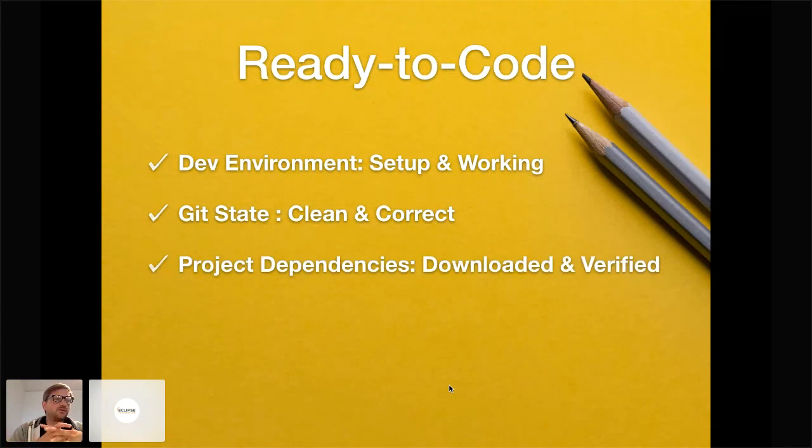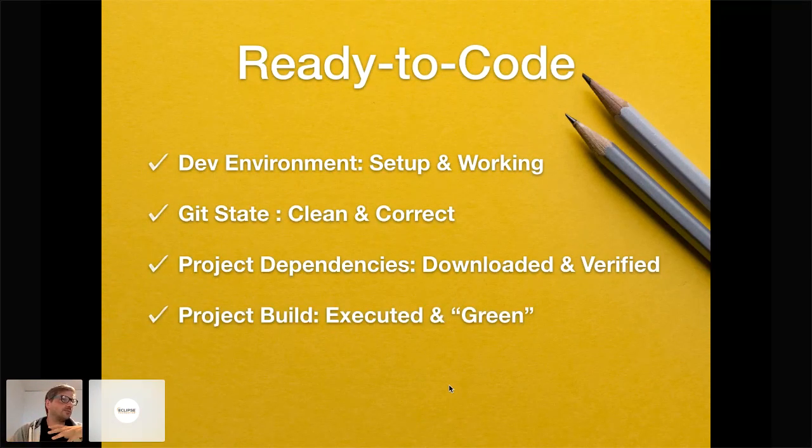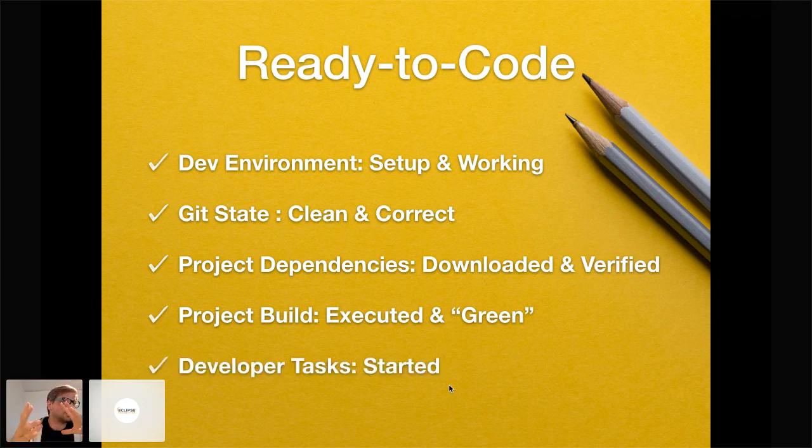Next up, before you can code, you need to have all the dependencies downloaded and verified. And of course, you want to run the build and the tests, so you're sure that if the tests fail after you change something, you know it's your change and not something that came from the history, right? And then also when you start coding, you typically start certain tasks, and so you can describe that as well.